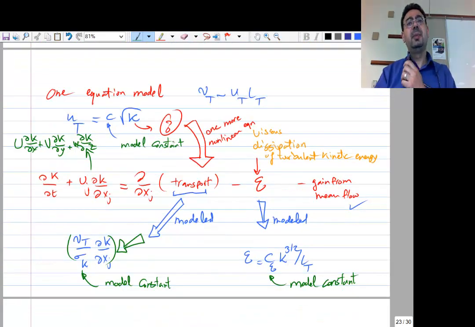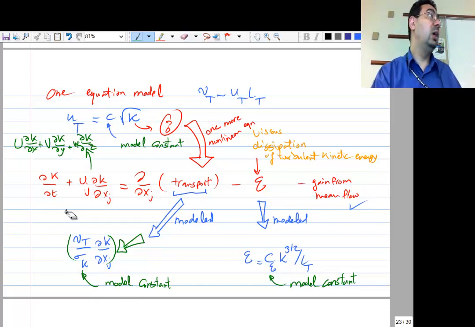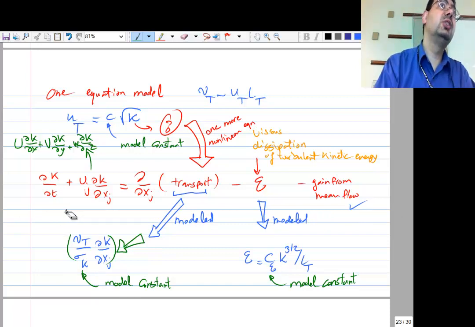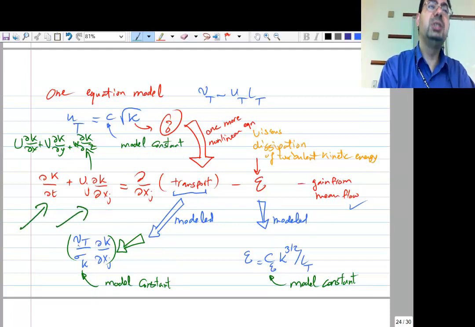So the K equation would be something like this, right? Look at that. I could write this equation actually myself from scratch. It's kind of an unsteady term. What's that? Can anyone guess what that is?